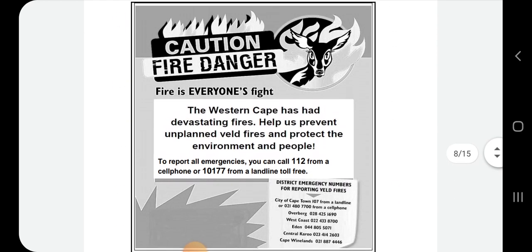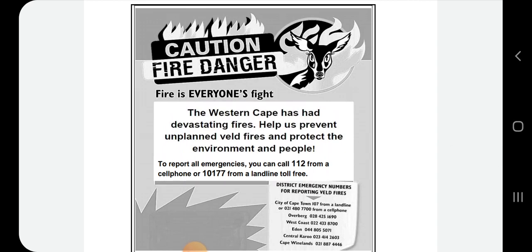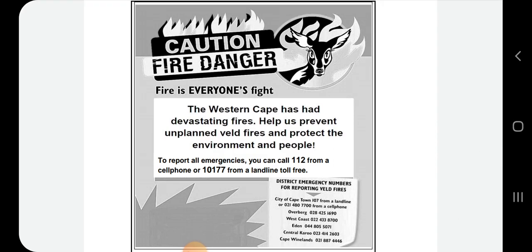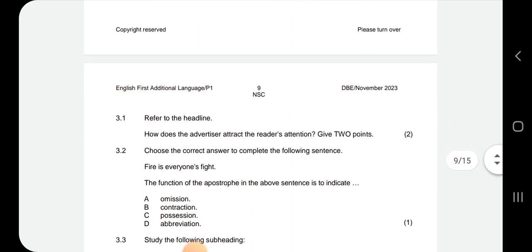Well, remember we talked about grabbing attention by using the bold heading. That bold heading, caution, fire danger, is how they caught attention, or by that picture, and also by including the fire in the heading. That's how they can grab attention.